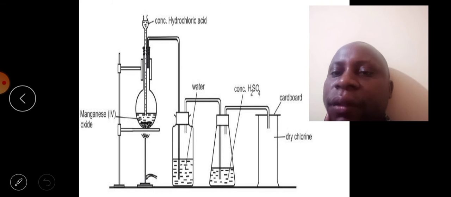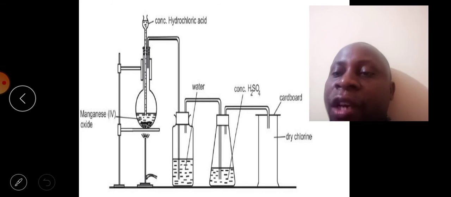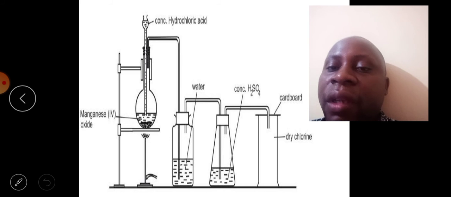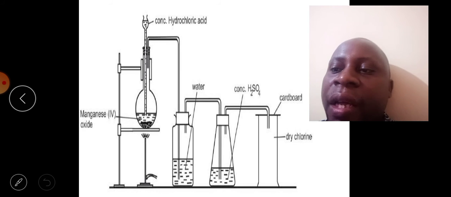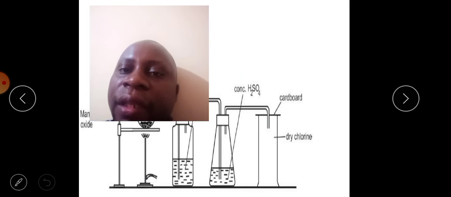Okay. Now, chlorine is collected using this method because of one property. State the property of chlorine that can be used to collect the gas using this method. This is because the gas is denser than air. Yeah, the gas is denser than air.